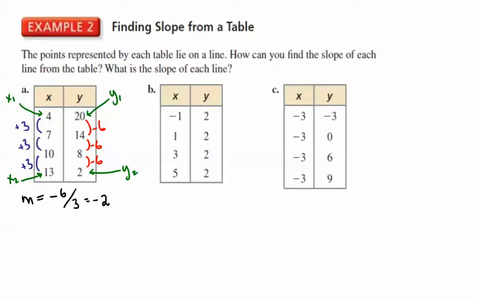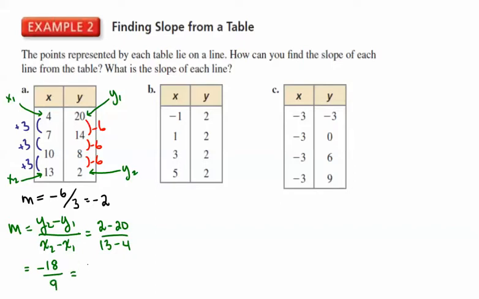Alright, so then let's go to our formula. Our formula says that slope is the change in y over the change in x, and so I'm going to plug in my values there. y2 is 2 minus y1 is 20 over x2, which is 13, minus x1, which is 4. 2 minus 20 is negative 18. 13 minus 4 is 9, and negative 18 over 9 is negative 2.